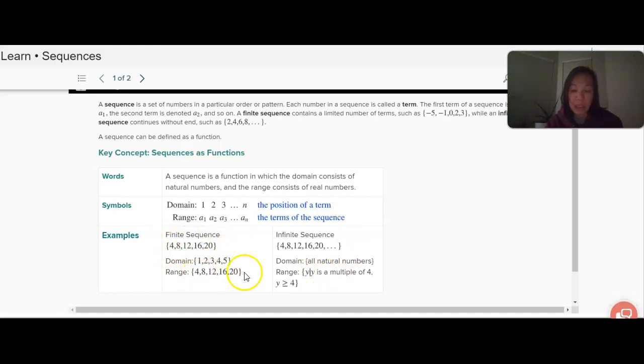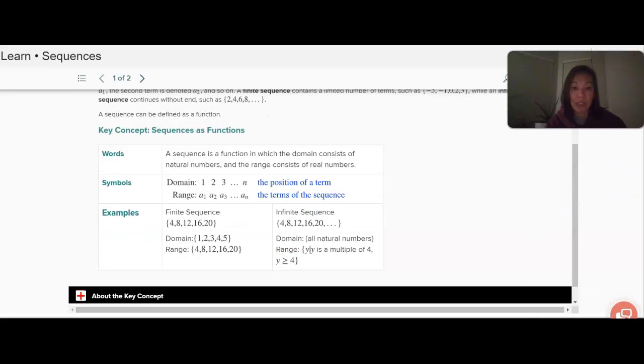Now in this case, we would just give the terms, but here we would write this in set builder notation. So the range is y, such that, remember this means such that, y is a multiple of 4, or y is a multiple of 4 when y is greater than or equal to 4. So basically multiples of 4.